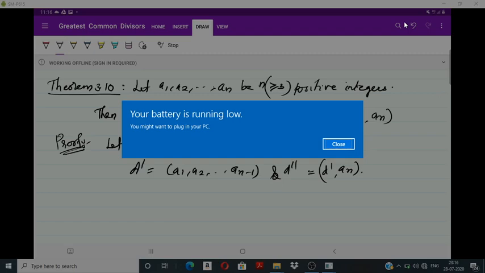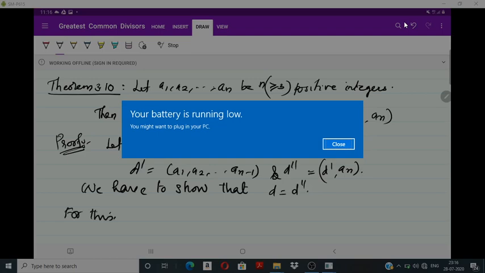And we have to show D is equal to D double dash.